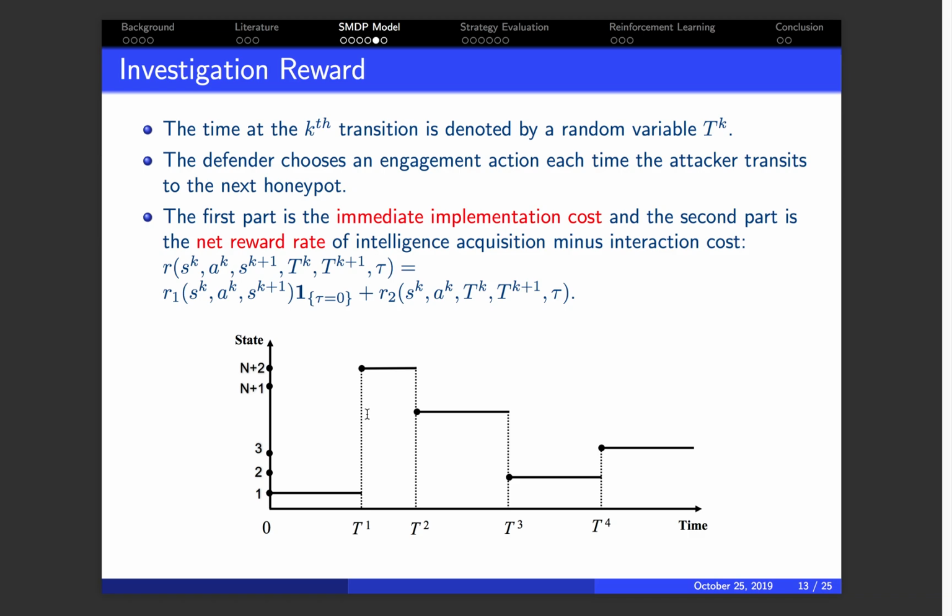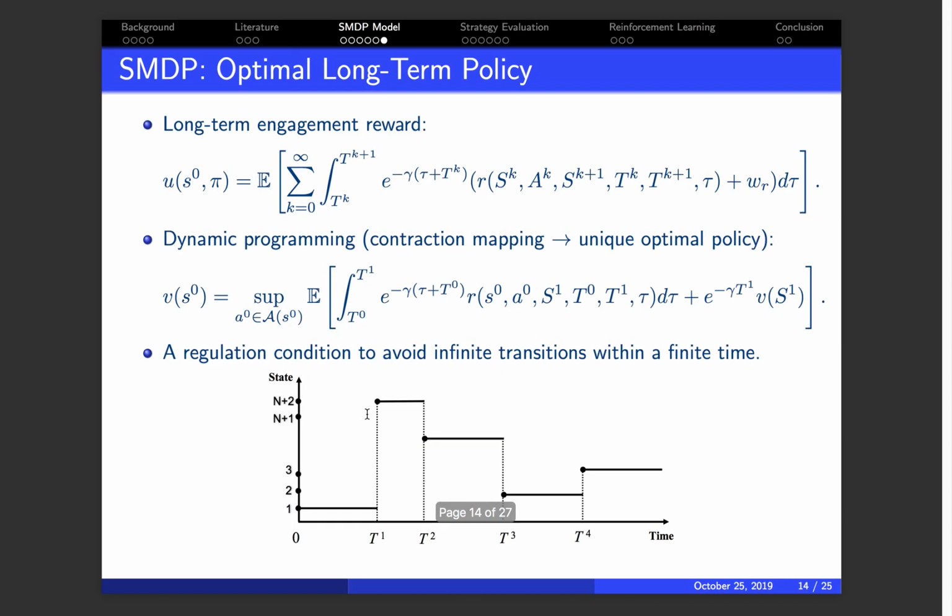The first part is the immediate engagement cost. The second part is the net reward rate. The objective of the defender is to optimize the long-term engagement reward, which is the expectation of the summation from t_0 to infinity, but we compute it block by block.